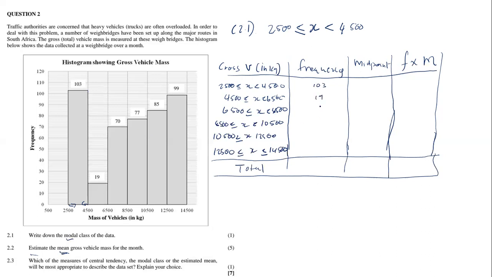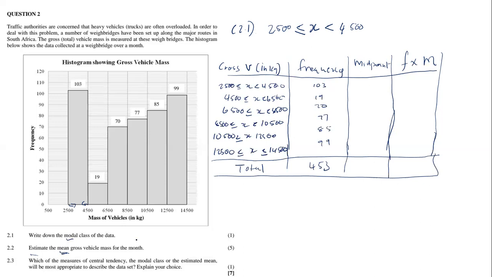Frequency for this one is 70. Frequency for this one is 77. For this one, it's 85. And then for this one, it's 99. Now, when you add these together, you're supposed to get 453.